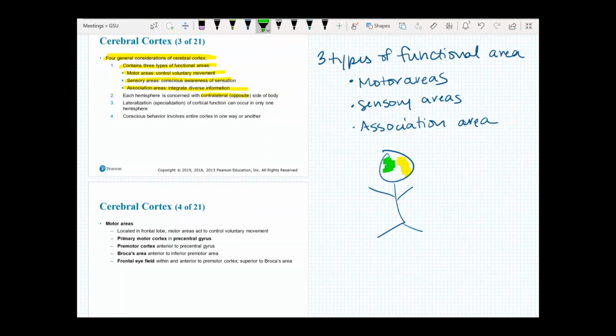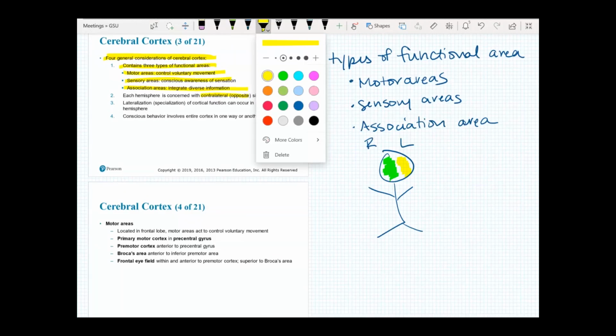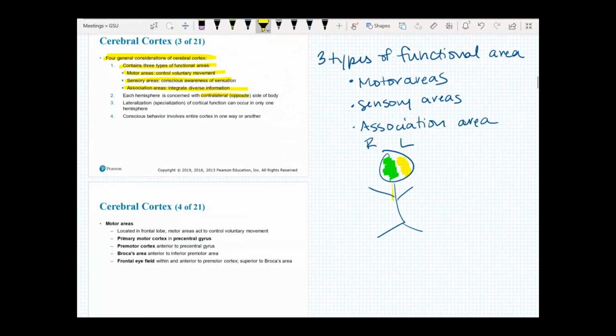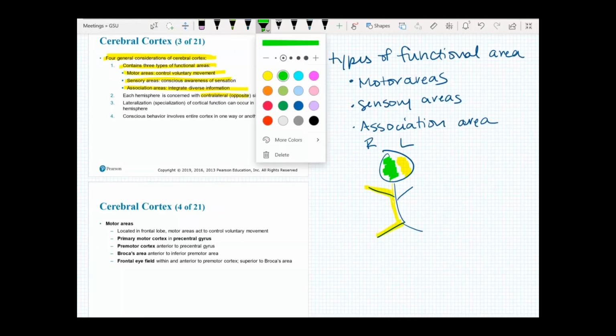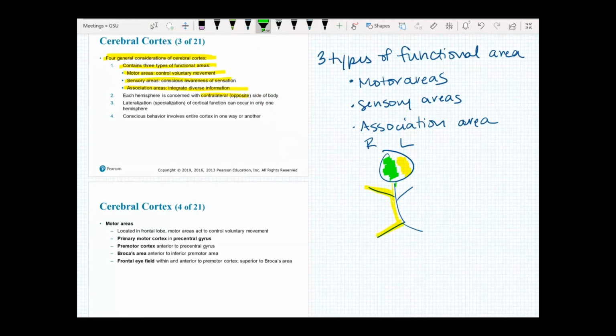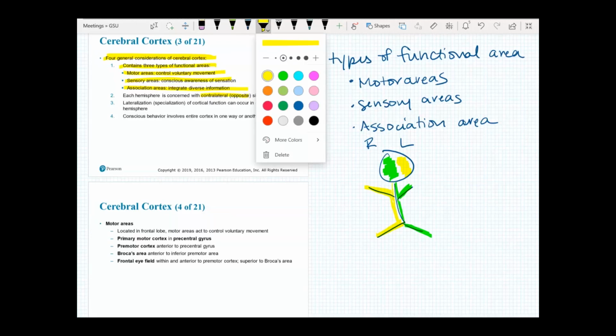What we mean by the contralateral side is that the left side of my brain is actually controlling all of the pieces of the right side of the body. So left side of the brain, right side of the body. This is what we mean by each hemisphere being concerned with the contralateral, or the opposite, side.